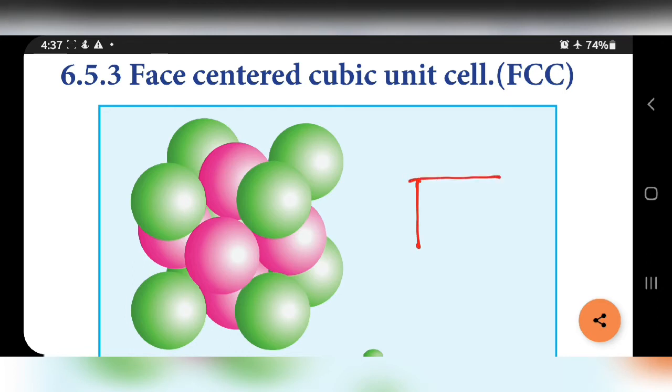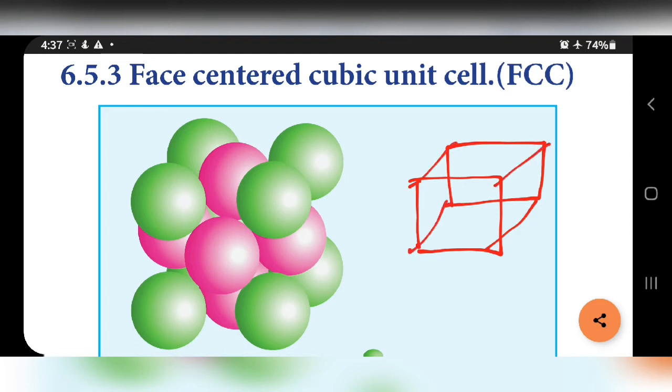Please listen carefully. This is the cube. Face center cubic means atoms present at the center of the face. So an atom is present at the center of the top face, like that. On the bottom, an atom present at the center of the face.